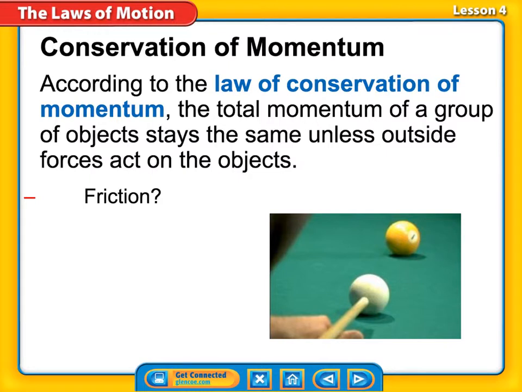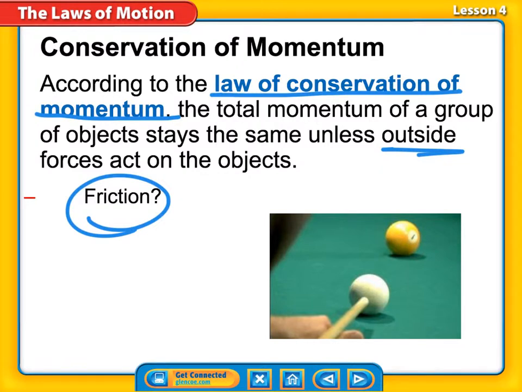According to the law of conservation of momentum, the total momentum of a group of objects has to stay the same unless an outside force is acting on the objects. Friction is often this outside force that will make conservation of momentum not actually occur. But in a perfect system, it does occur.